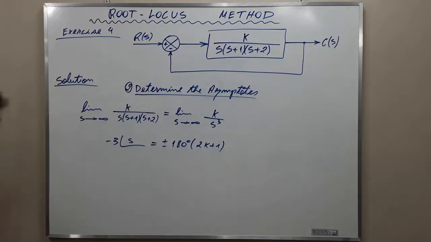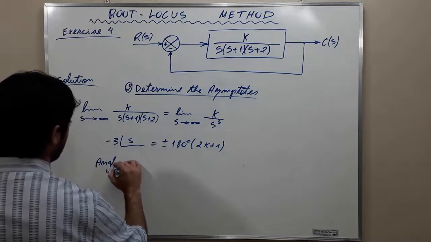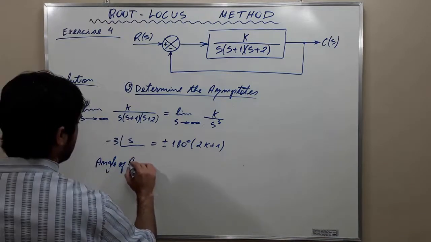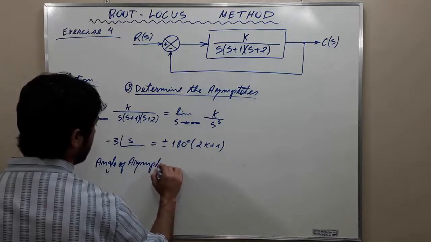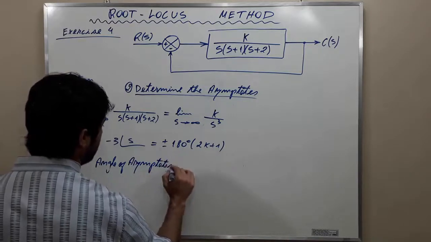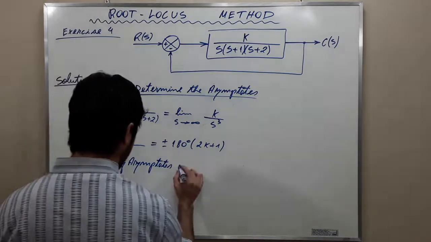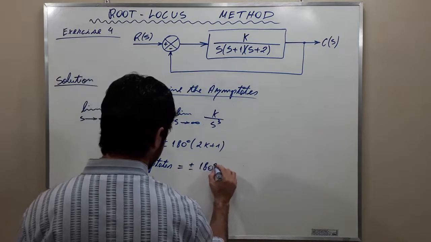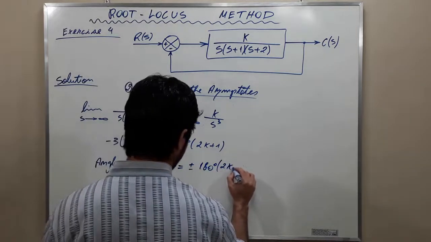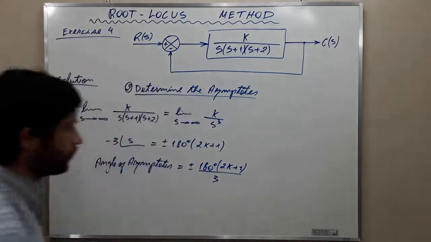Or the angle of asymptotes will be plus minus 180 degrees (2k plus 1) divided by 3.